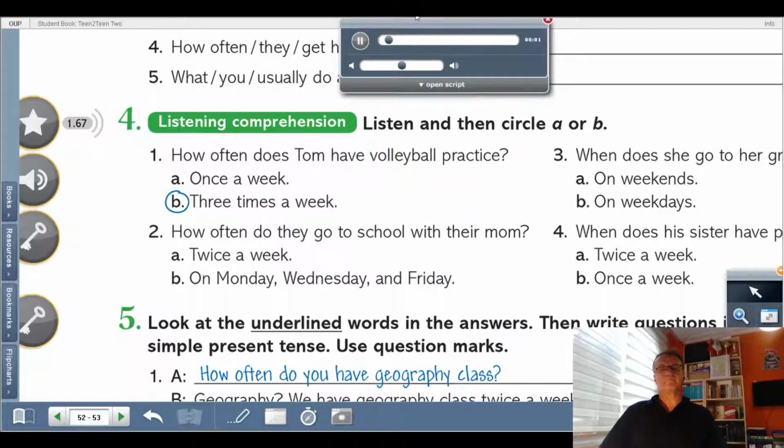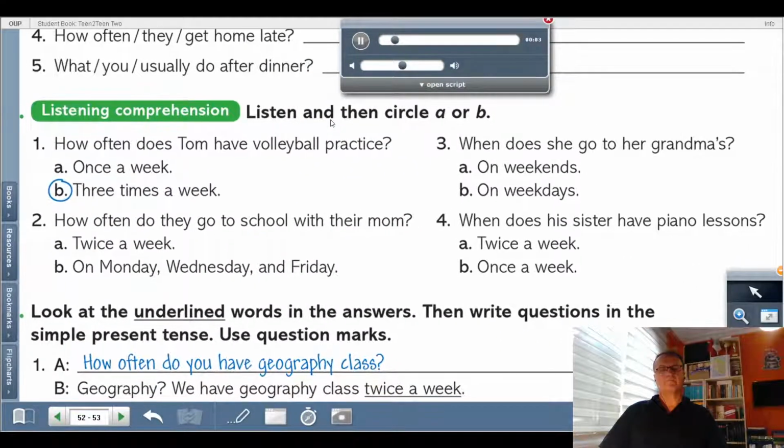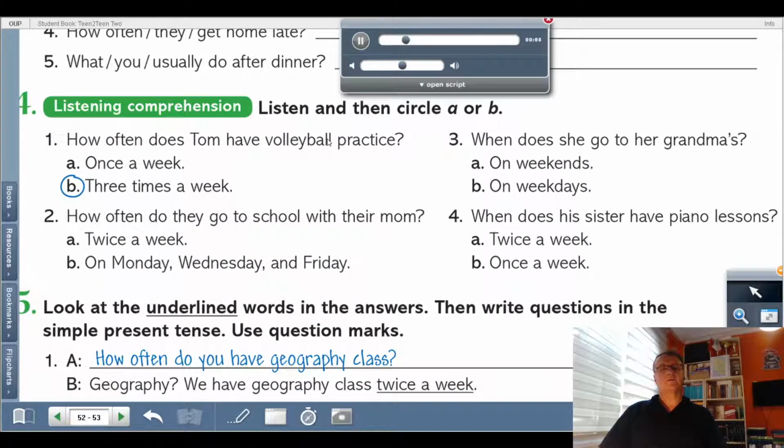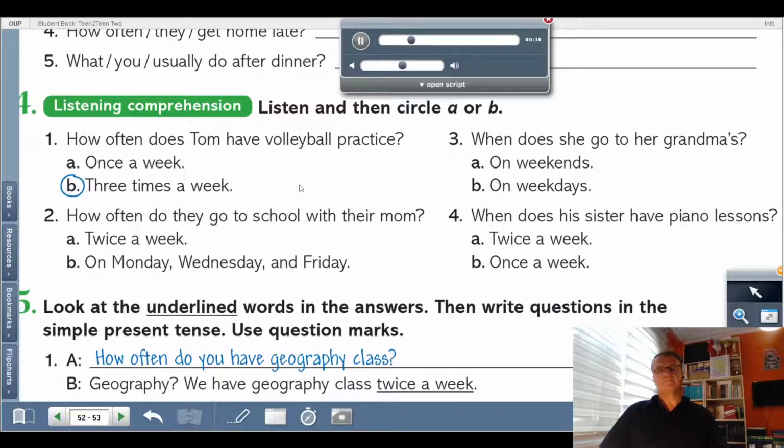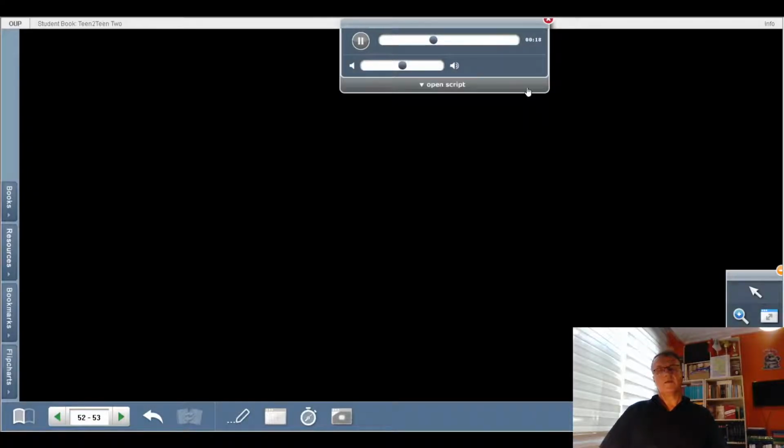You're going to listen and circle A or B. Unit 7, page 53. Grammar. Exercise 4. Listening comprehension. Listen and then circle A or B. 1. I have volleyball practice on Mondays, Wednesdays, and Fridays. 2.